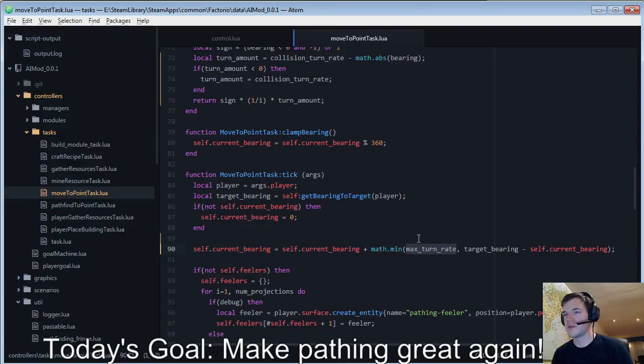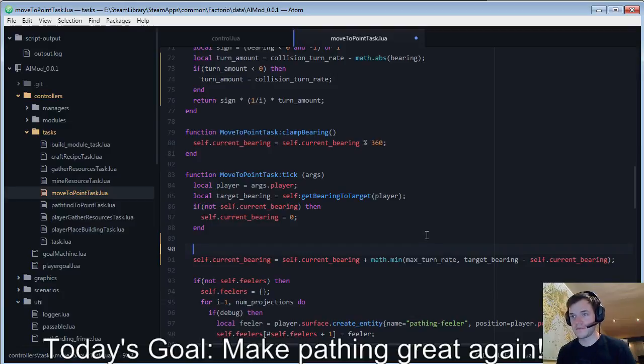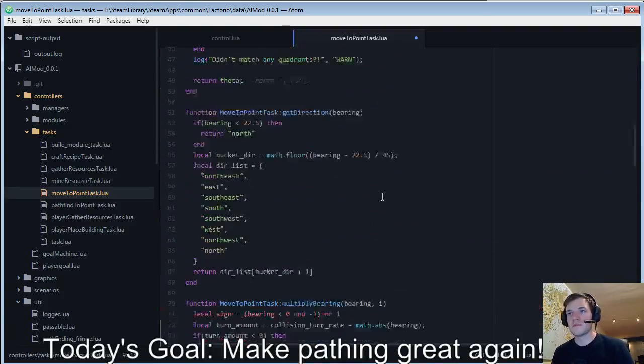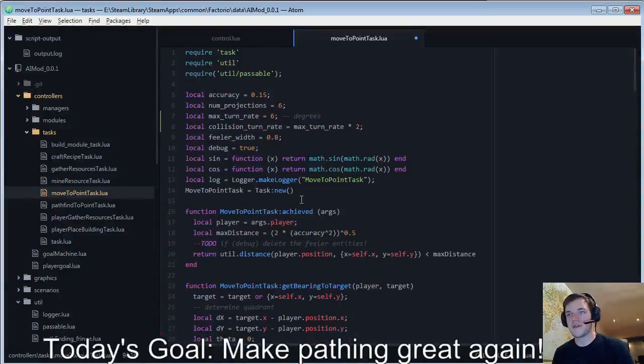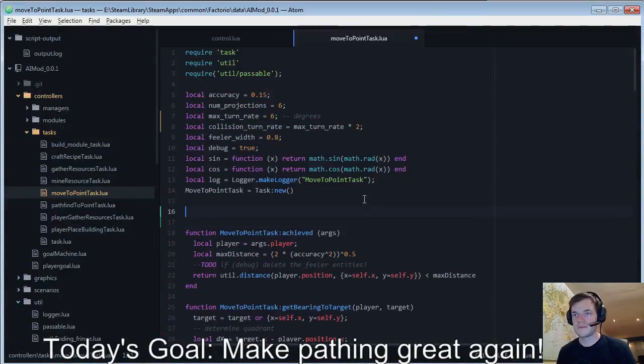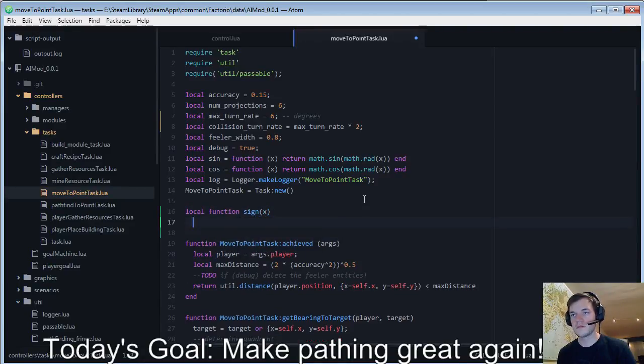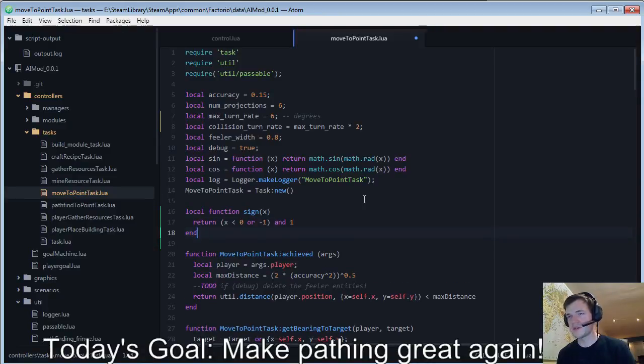I need to do a little more on the sign, don't I? I should extract this into a function. Is that what it was?